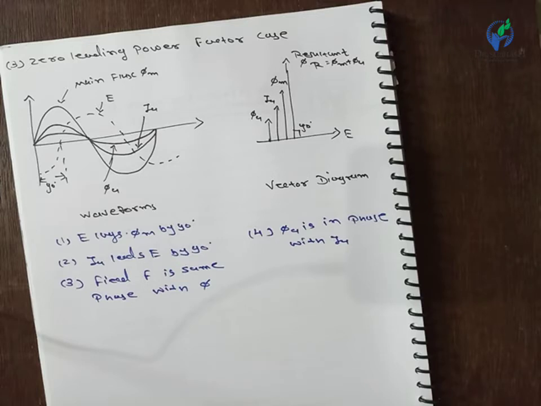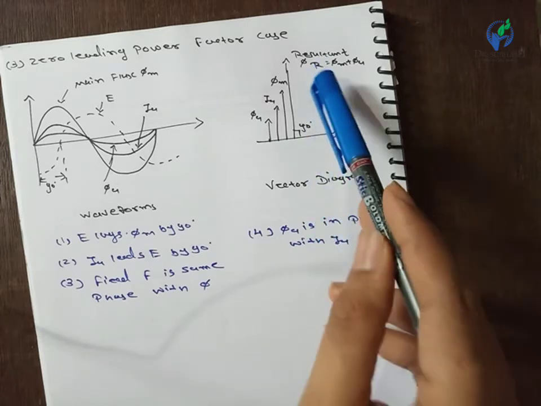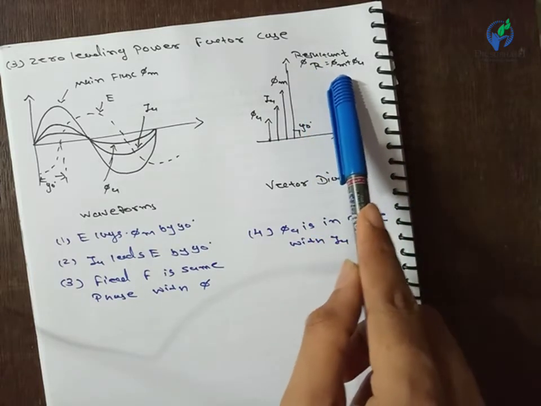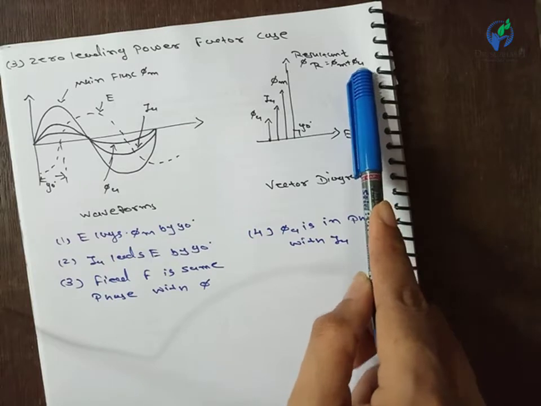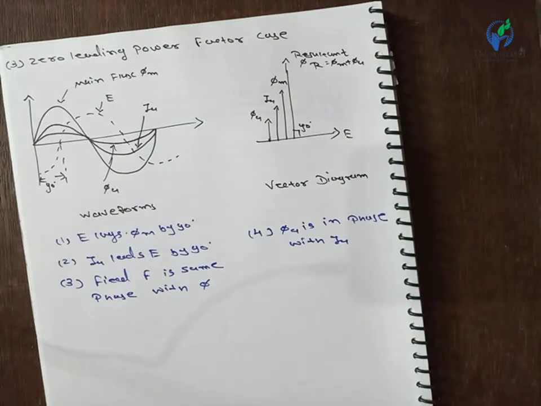It is clear from the above diagram that the armature flux is in the same direction as the main flux. Hence, with the addition of flux phi m, the resultant flux phi R, equal to phi m plus phi A, becomes stronger.